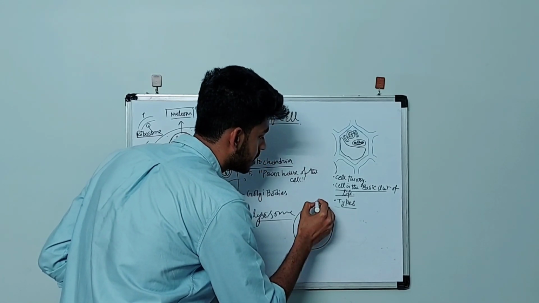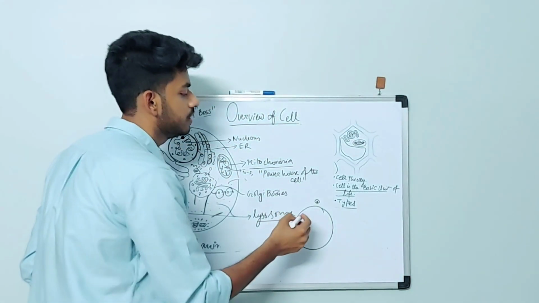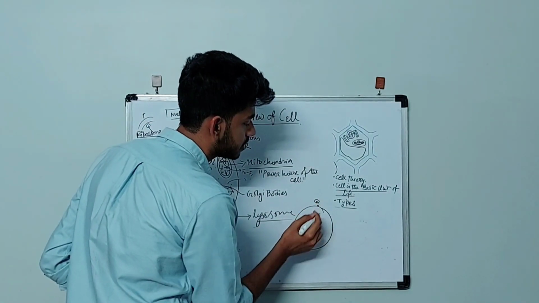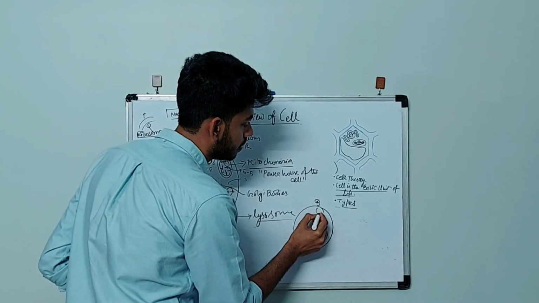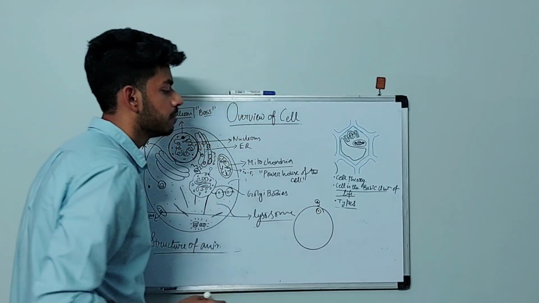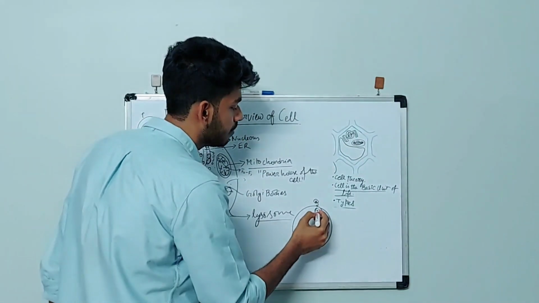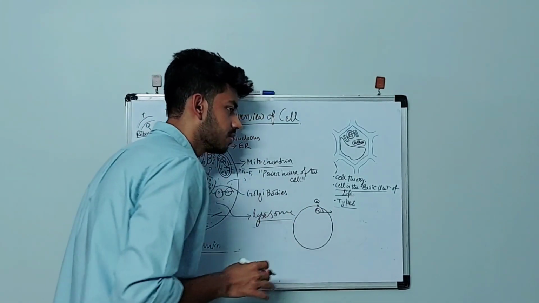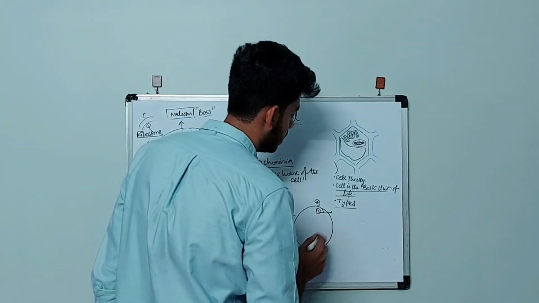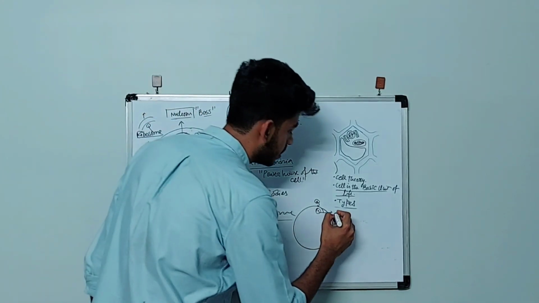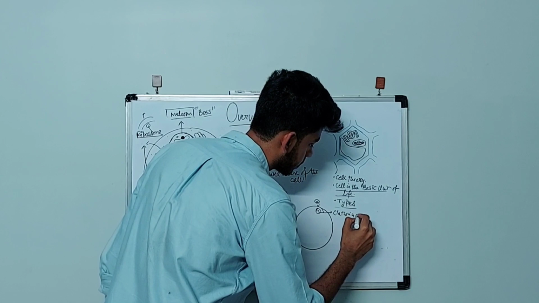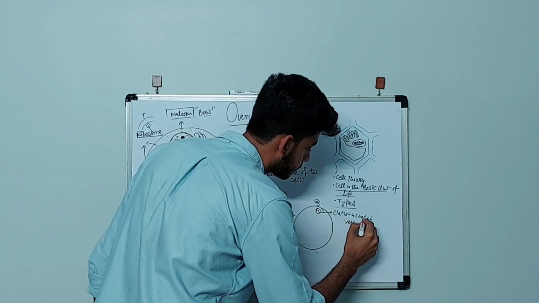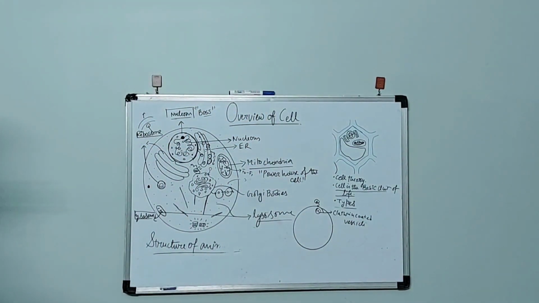Suppose this is a cell, and there is a foreign particle outside that has somehow entered the cell. When the particle enters the cell, it is also membrane bound. The membrane covering the foreign particle is called a clathrin coated vesicle.